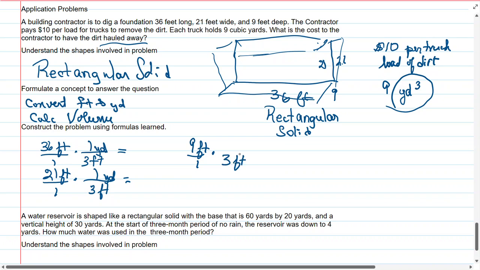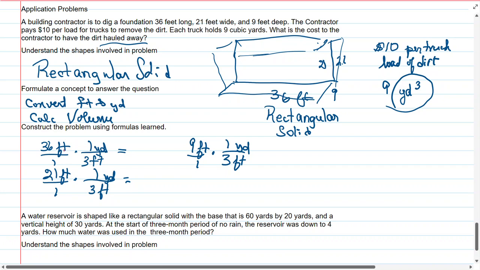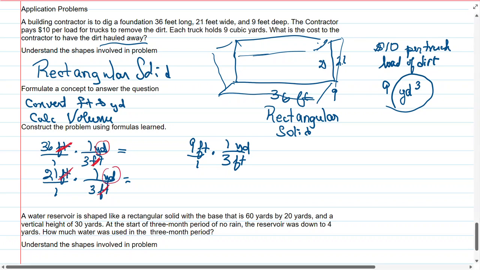Okay, so we can do several things. We're going to multiply and divide. So that's what we're going to do because we got a calculator. So we're going to have 10 times that. And we're going to stick that in our calculator.